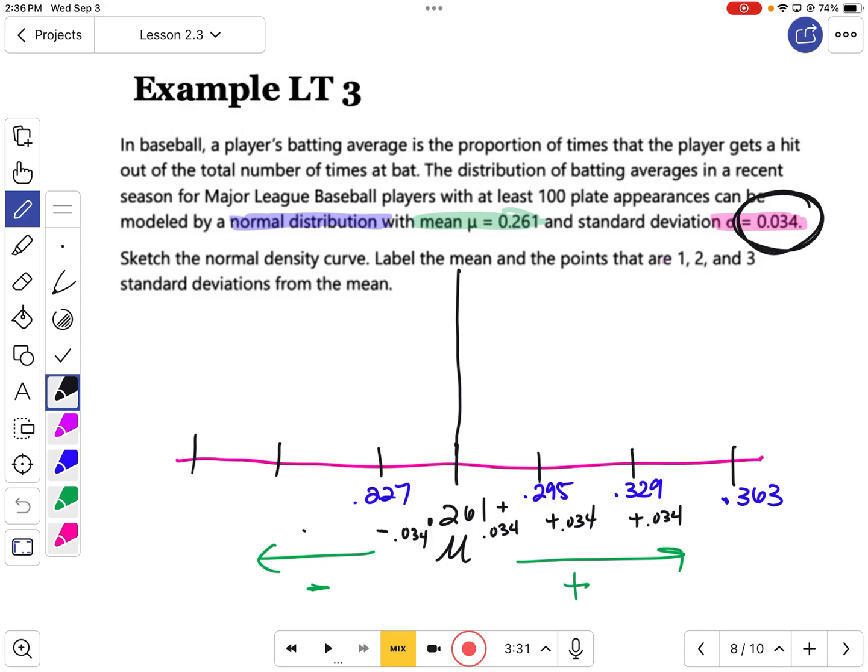Do it again, minus 0.034, 0.193. Do it one more time. Oops, wrong color.